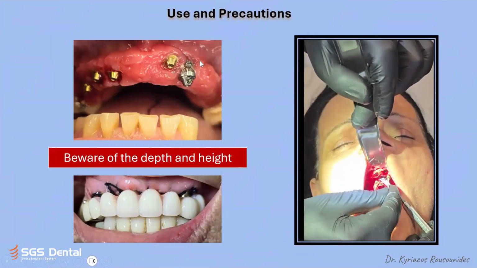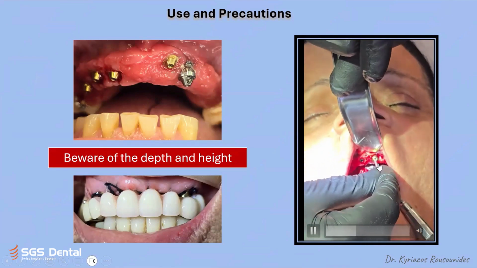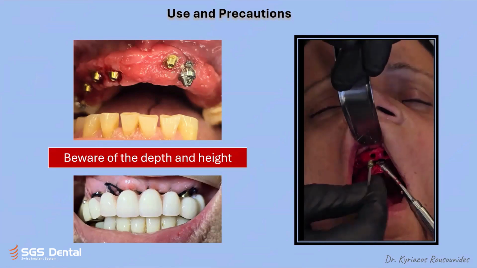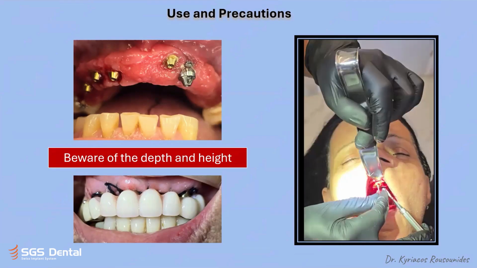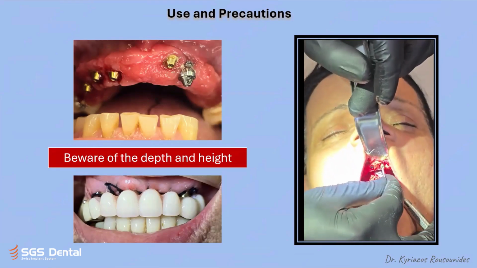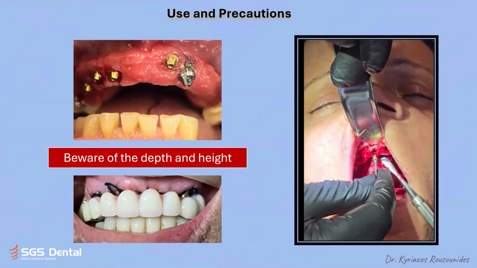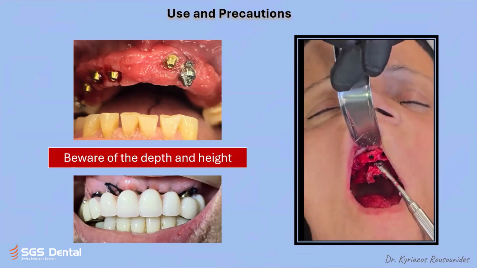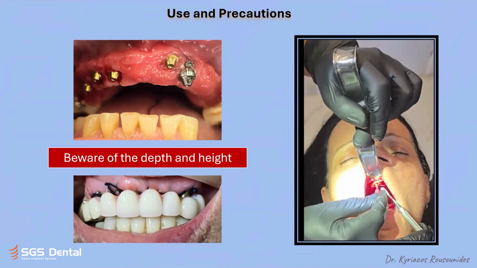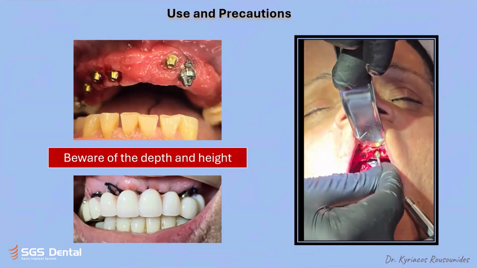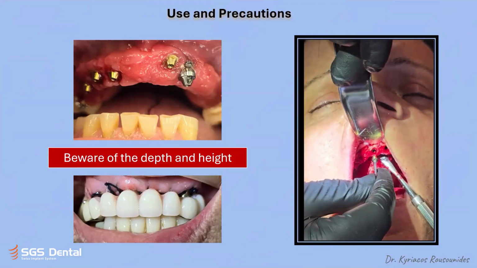Another thing that we see here is to check if the position of the multi-unit is okay. Sometimes we place the implants, and especially in cases after extractions, we try to place the implants a bit deeper so we'll cover the resorption of the bone, the 1 or 2 millimeters.